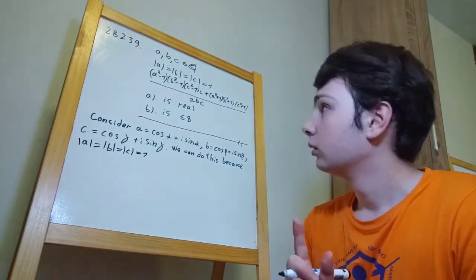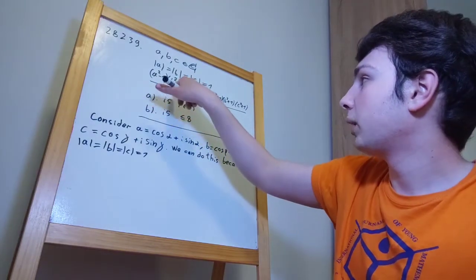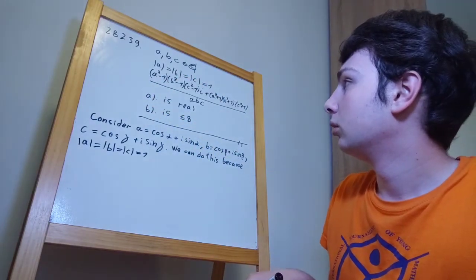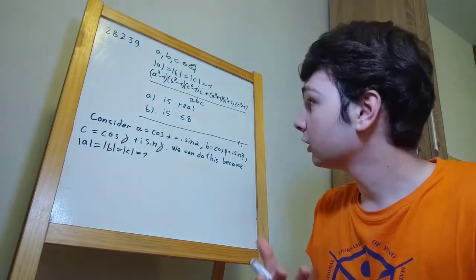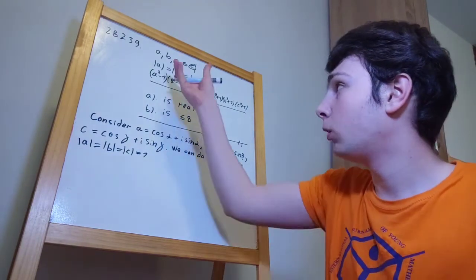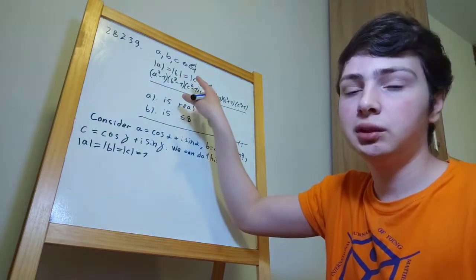Now, we have a squared minus 1. We want to write this as a complex number in its polar form so that we can perform the multiplication.